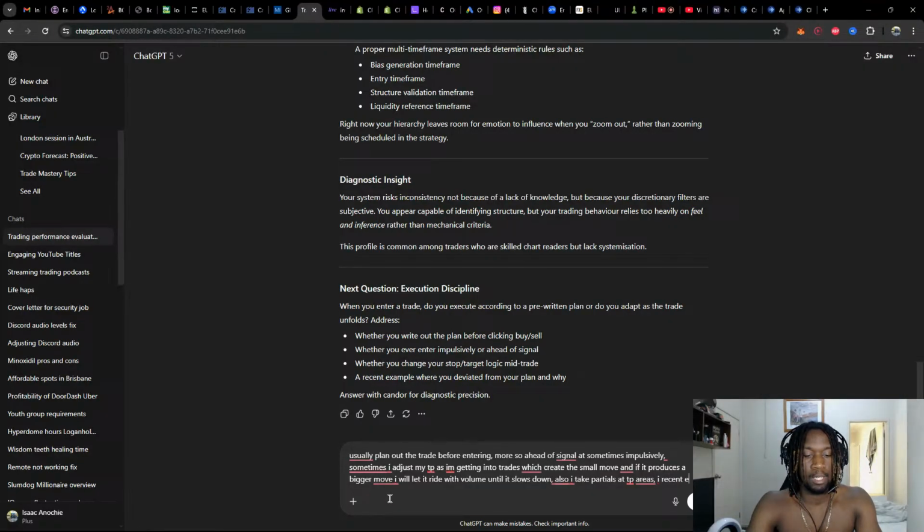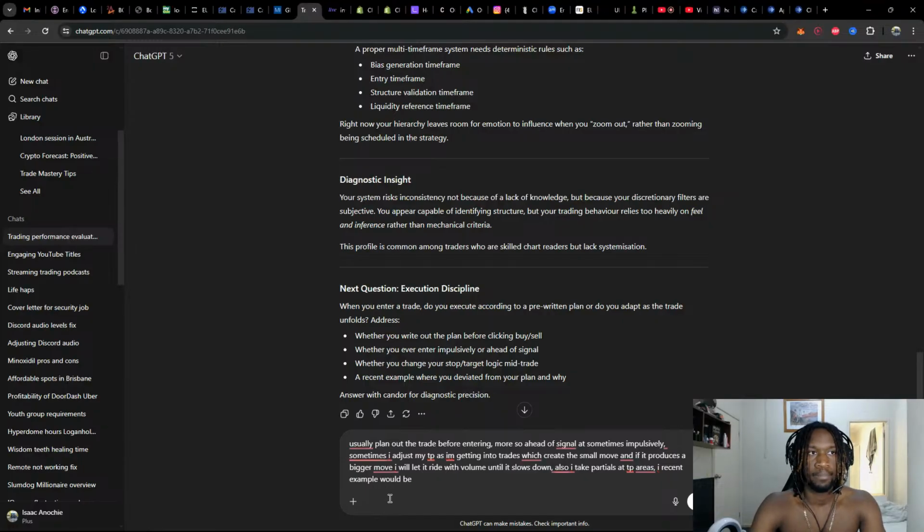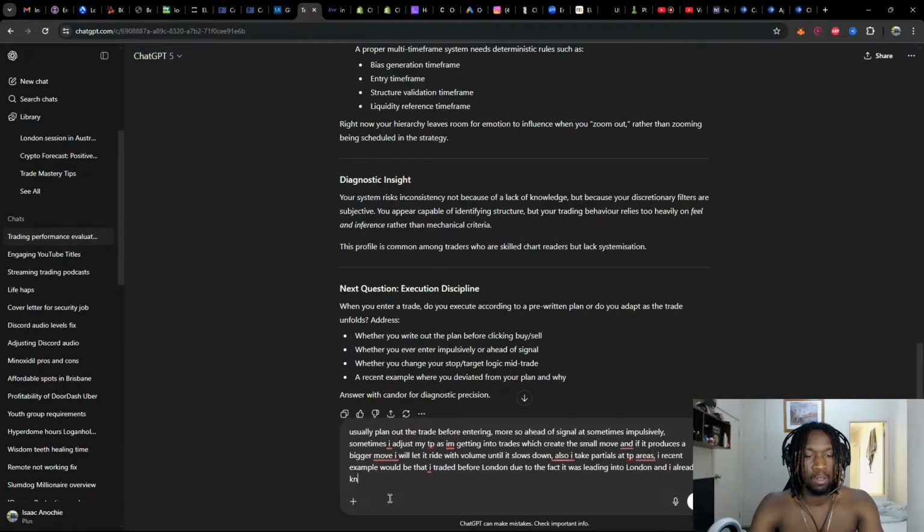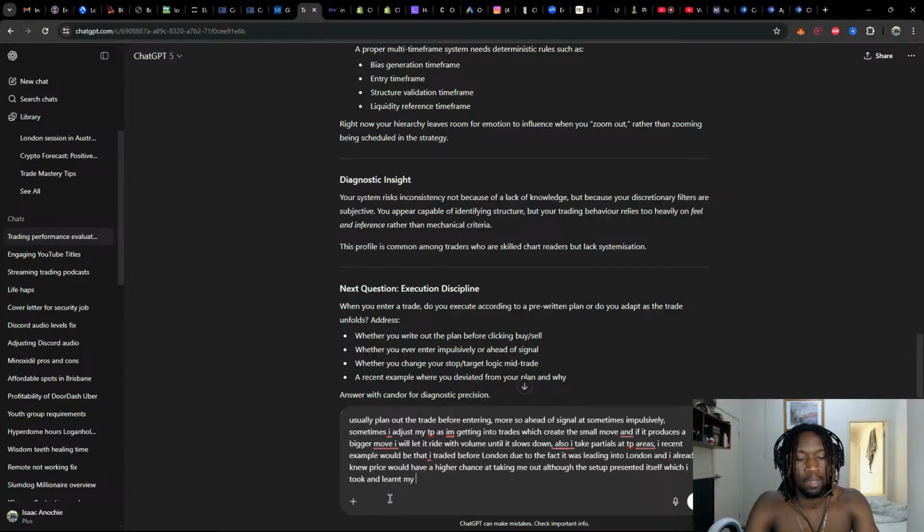A recent example would be that I traded before London, because it was leading into London, and I already knew price would have a higher chance at taking me out, although the setup presented itself, which I took and learnt my lesson.